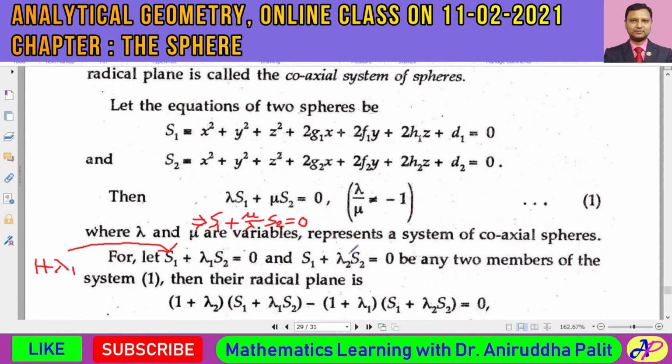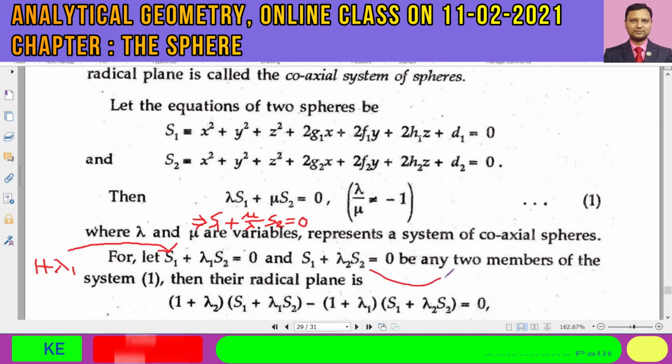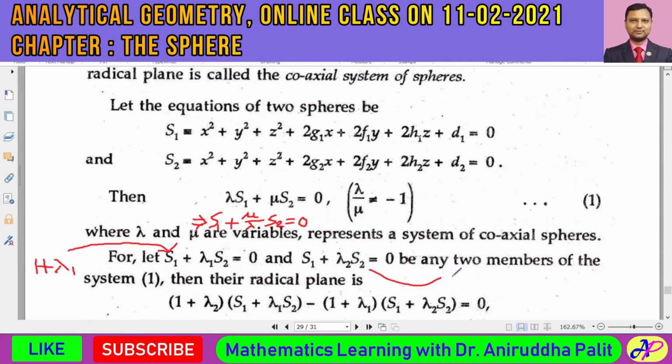All right. Similarly, in the second sphere, the coefficient of x square plus y square plus z square is equal to 1 plus lambda 2.